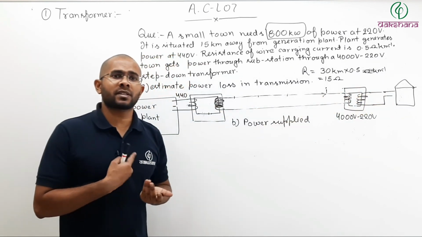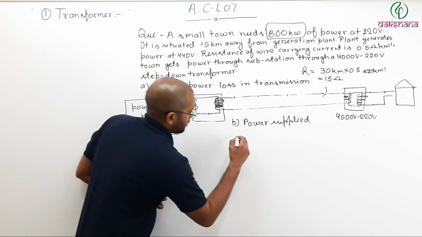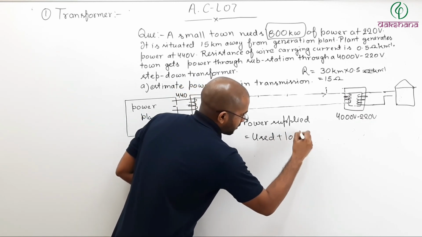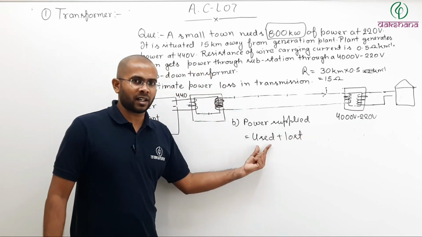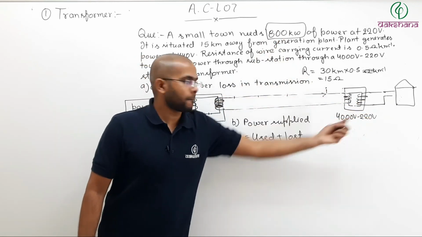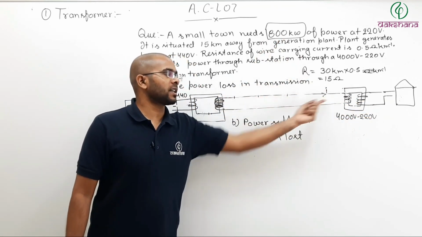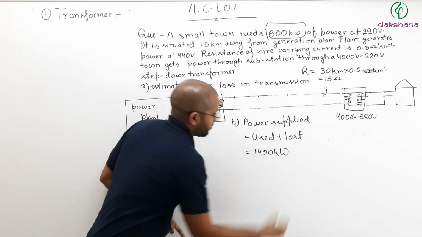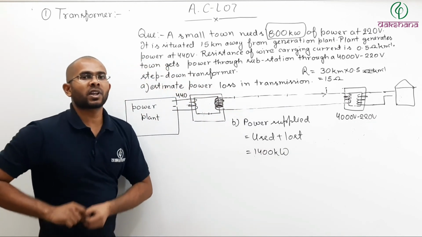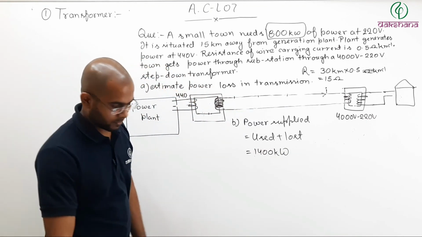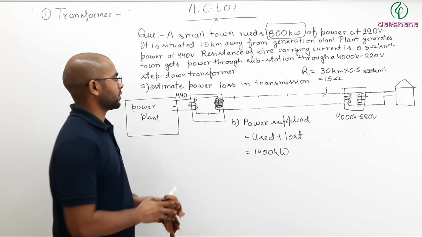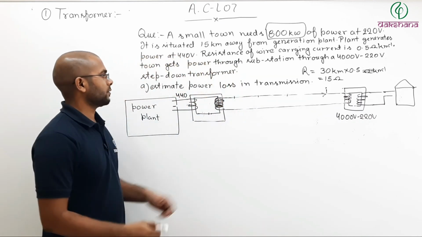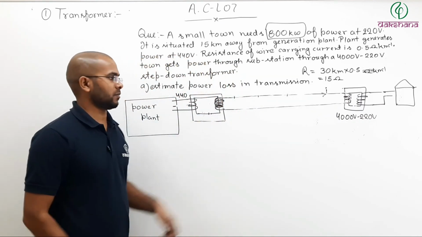So what should be the power supplied by the plant? Power supplied should be nothing but used plus lost. So used is 800 kilowatt. The town is using 800 kilowatt, 600 kilowatt was lost in the transmission lines. So power supplied by the power plant must be 1400 kilowatts.